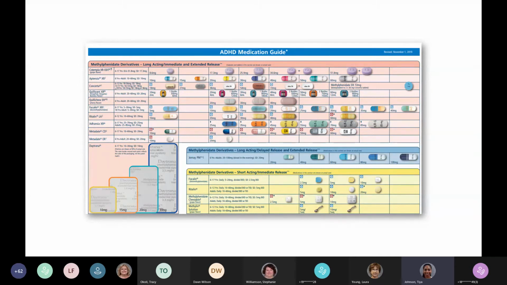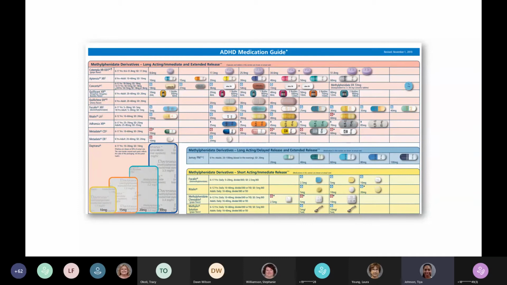One side of it has the methylphenidate stimulants on it, and it's broken into long-acting versus immediate release or short-acting, and they update it every so often for any of the new ones that have come out, and it shows you the smallest pill form that they have, or in the case of the patch, the smallest patch that they have, and go up to what the max dose is.